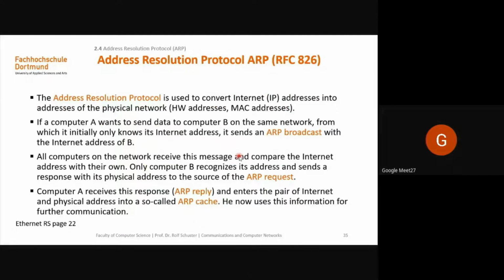And that's in that way the Address Resolution Protocol could convert typically the IP addresses into the physical addresses or hardware addresses or MAC addresses. And those are all synonyms of the same address type of level 2.